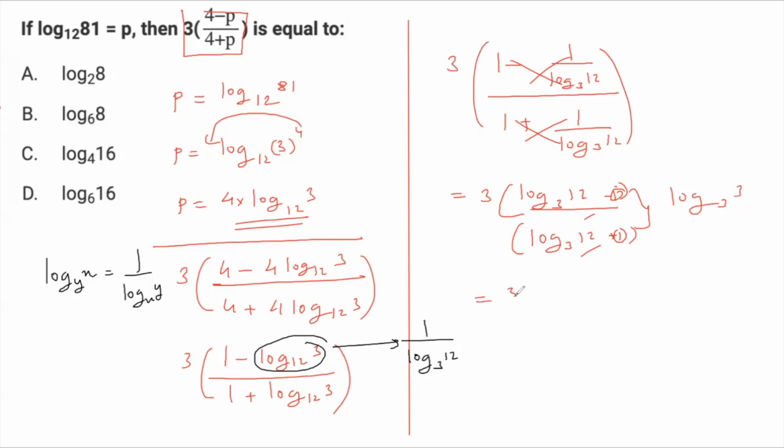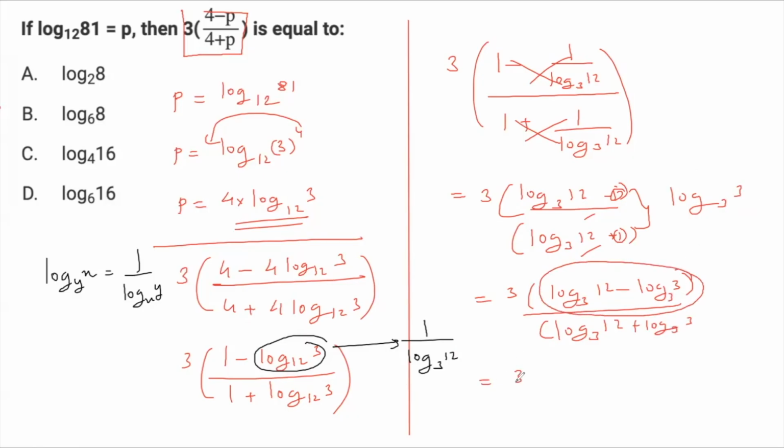So the numerator will be thrice of log 12 to the base 3 minus log 3 divided by, the denominator will be log of 12 to the base 3 plus log of 3 to the base 3. Now this part is log a minus log b. This will happen when we have log of a upon b. So the numerator is log of 12 upon 3 to the base 3.